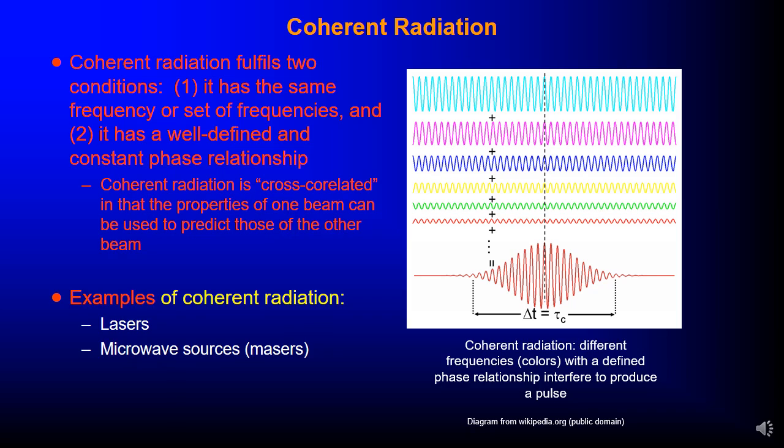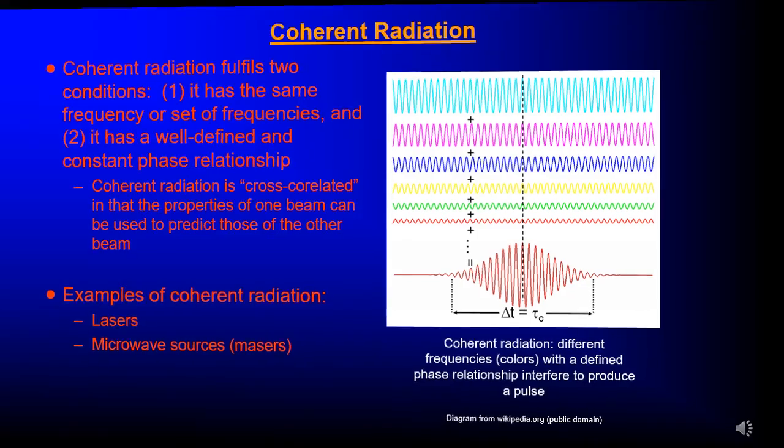Examples of coherent radiation are laser and microwave sources. The opposite is incoherent, where the frequencies are not the same.